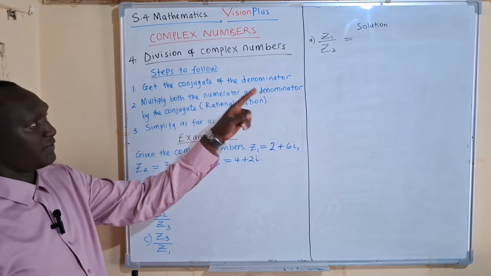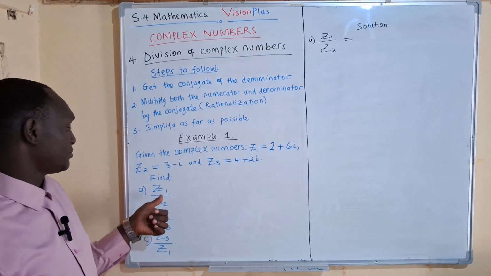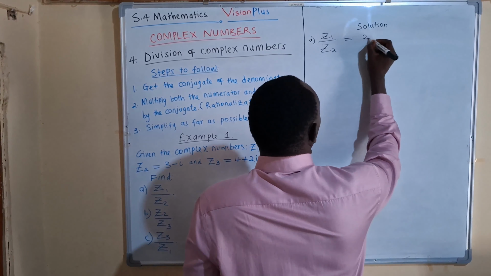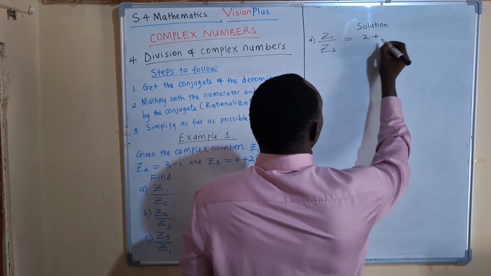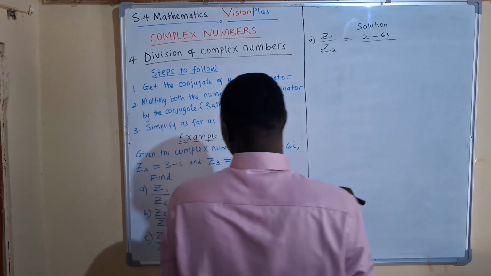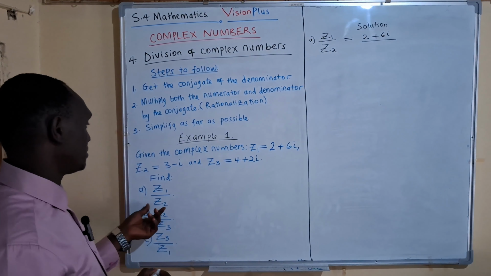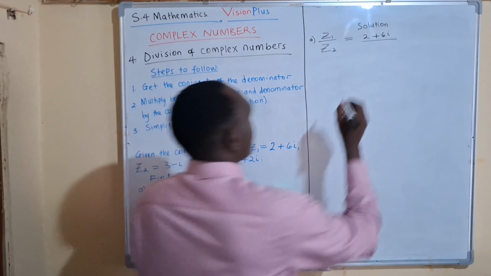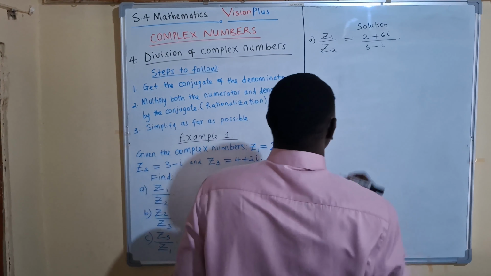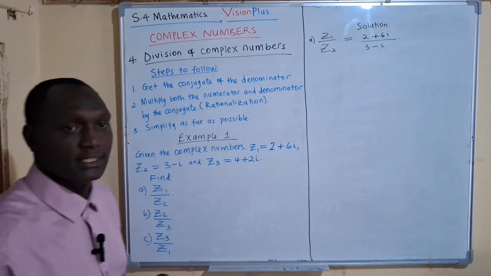So Z1 divided by Z2 equals, let's substitute, what is Z1? Z1 is 2 plus 6i, divided by, what is Z2? Z2 is 3 minus i.